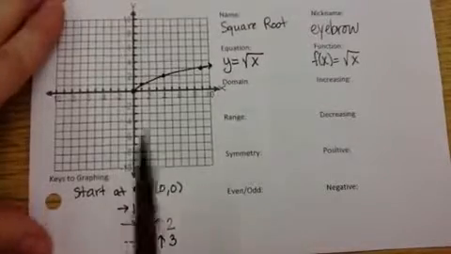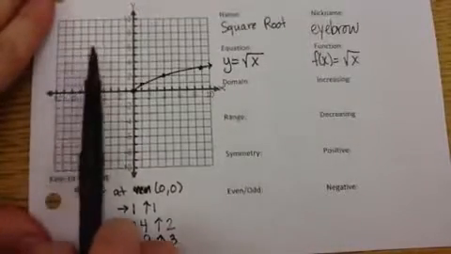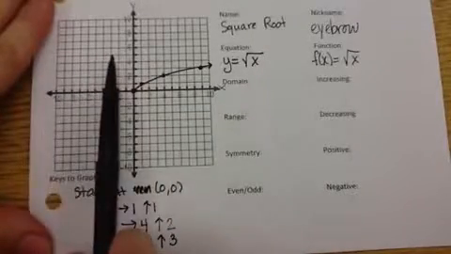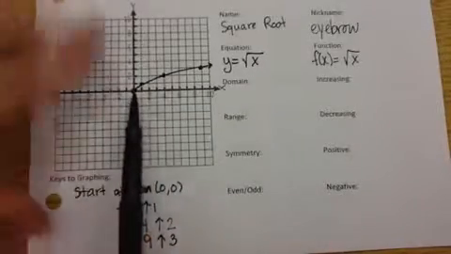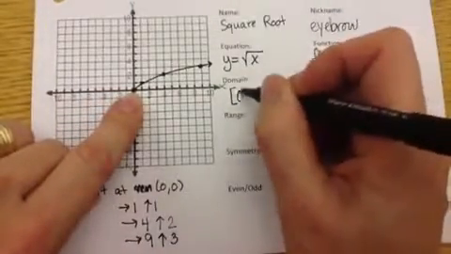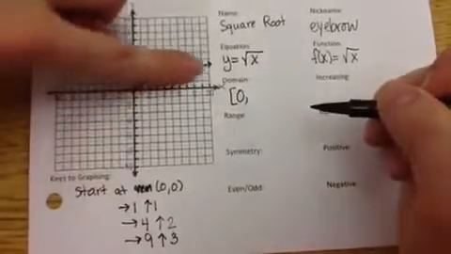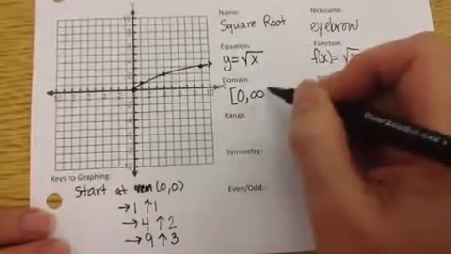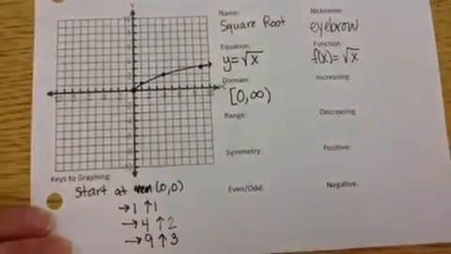The domain for the eyebrow graph, if we scan from left to right, the very first x value that hits the graph is 0. And since it has a closed dot at 0, our domain has a bracket at 0, and then it continues on to infinity in the positive direction, so it will go from 0 to infinity.